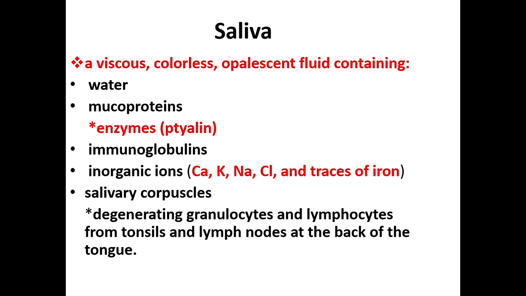The salivary corpuscles are degenerating granulocytes and lymphocytes from tonsils and lymph nodes at the back of the tongue.